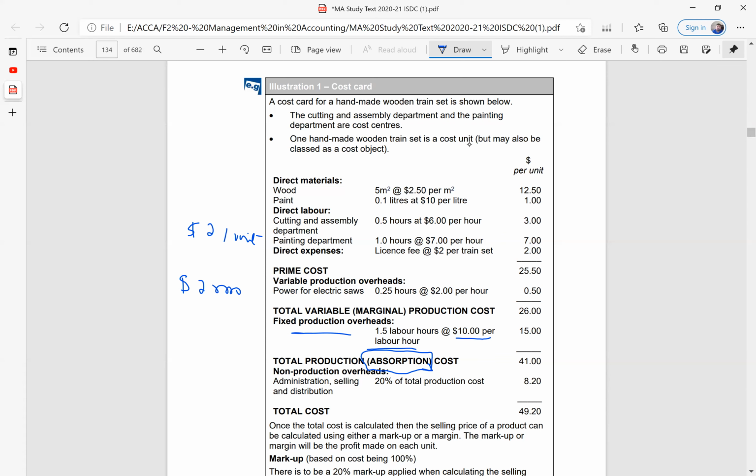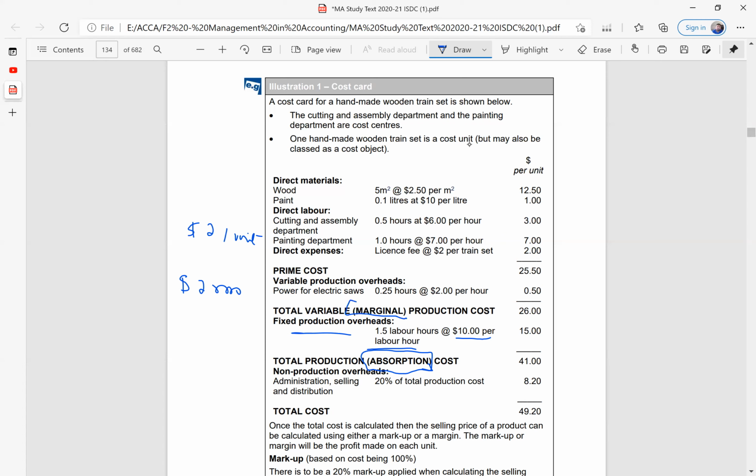But marginal says no, the decision making will be done on the basis of variable cost. Why? Because when we talk about per unit basis, fixed cost is never in per unit; you have to make it into per unit. But generally, fixed cost is such that it remains fixed despite the level of activity. So marginal says I'm just going to include the variable costs and take the decision on that basis, but absorption says I'm going to include variable plus fixed.